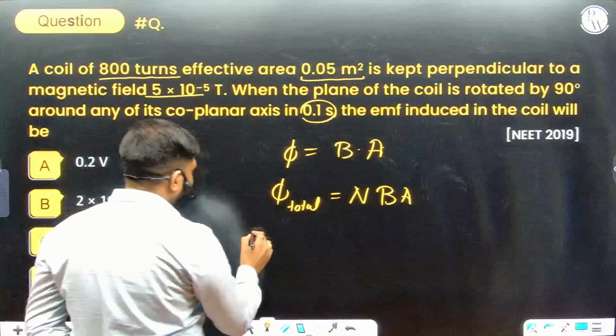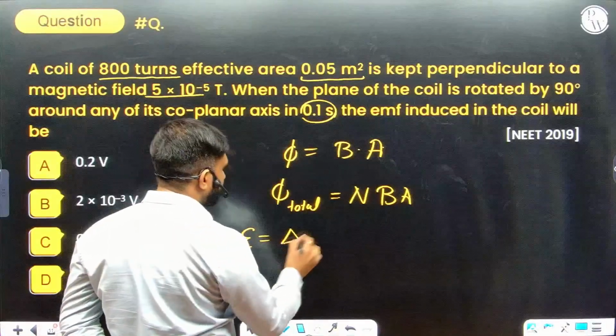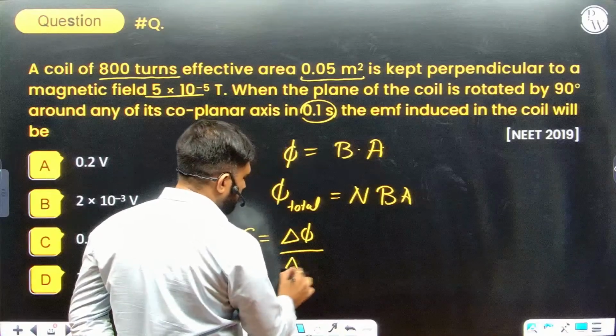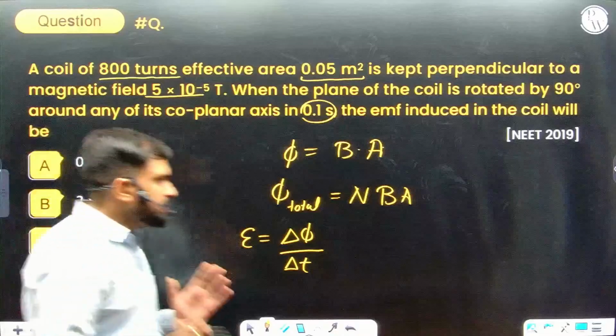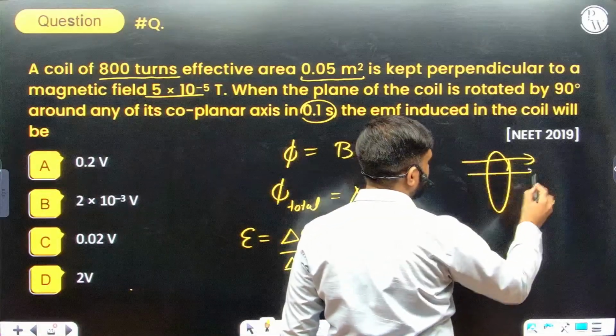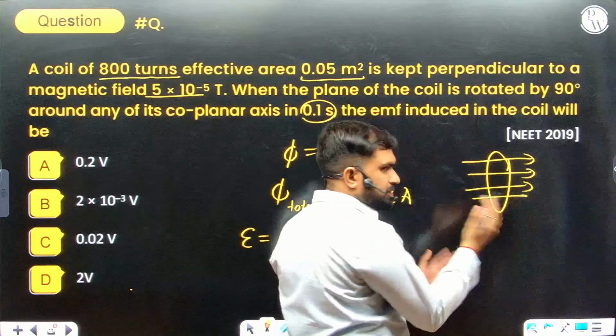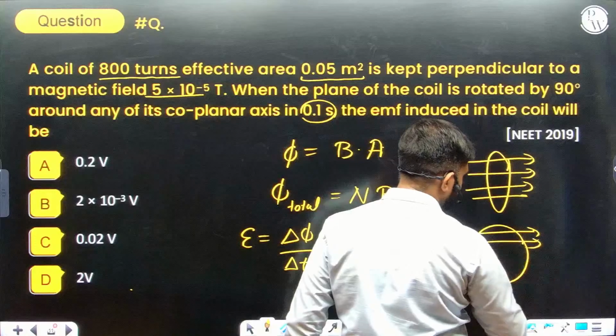Okay? So I know that EMF is d phi by dt, or average EMF will be just the change in flux upon time. Now see, if it is rotated 90 degrees, let's say like this, this was the coil and the magnetic field lines were perpendicular. I rotate it such that it becomes parallel to the magnetic field lines.